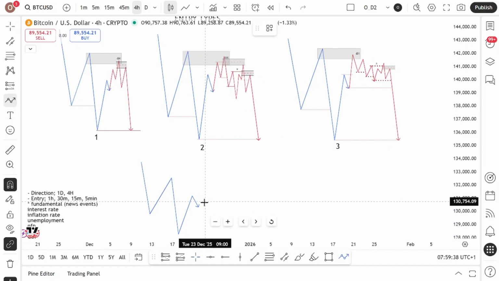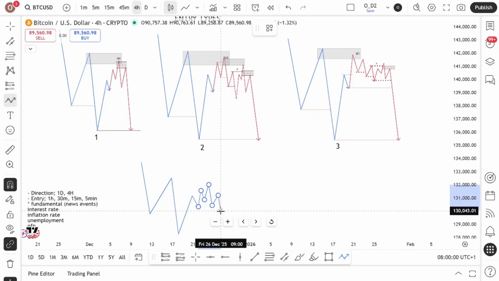I'm just assuming. Now you're having your pullback like this. Then you have, say, another structure, 45. Then you have your shift. Then you have a second shift.